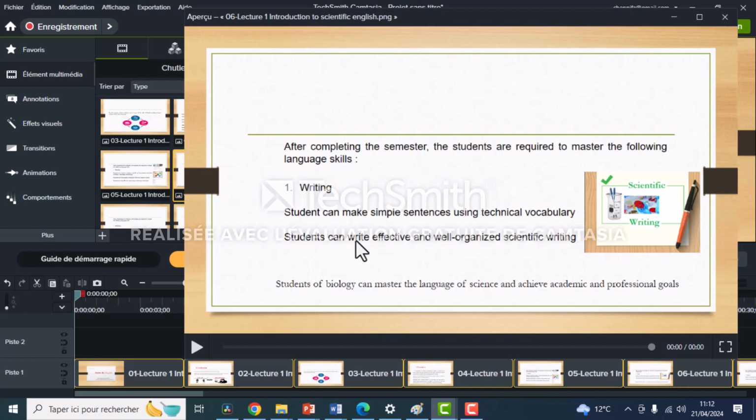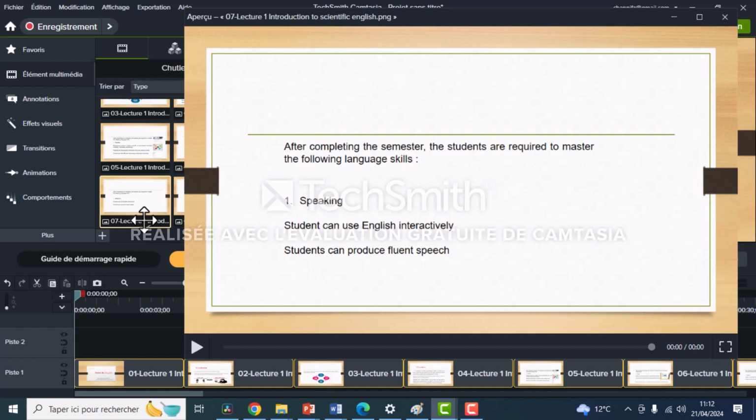It can be also, for example, in some jobs, they ask you to master the three languages, which are standard Arabic, French, and English also, to write, to discuss with maybe foreigners, etc. After completing this semester, you have also to master speaking skills through using English interactively with your classmates, for example, and speak English fluently.